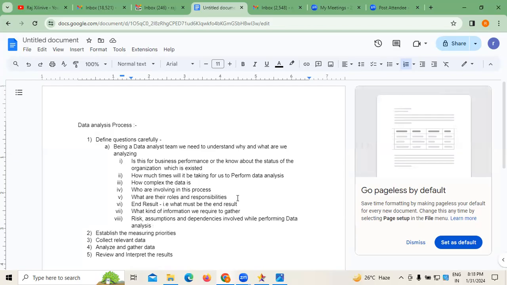Assume that whatever data is available with us is accurate, for example. That is one of the assumptions, because whatever data is available with us must be accurate, then only there will be value. Even though you are analyzing, the data must be correct. If the results are not correct, even though you have done the data analysis, whatever results you have identified will be of no use, right?